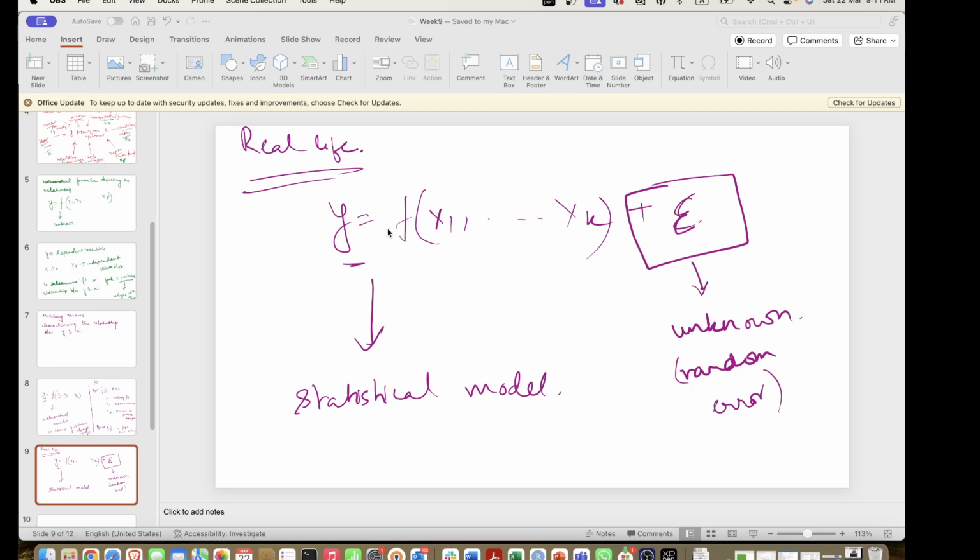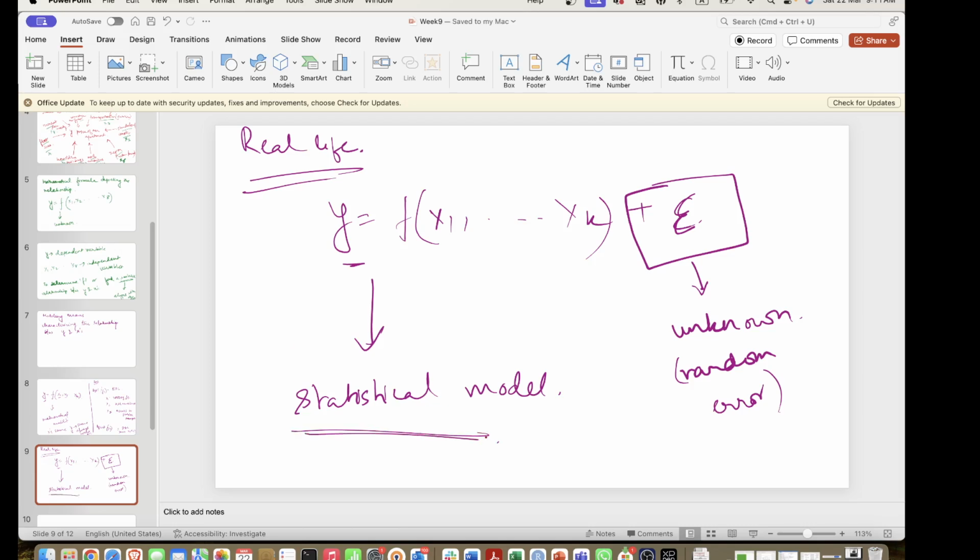So now that we know what a statistical model is, let us now find out how we can differentiate between a linear and a nonlinear model. So henceforth we are going to be talking about statistical models.